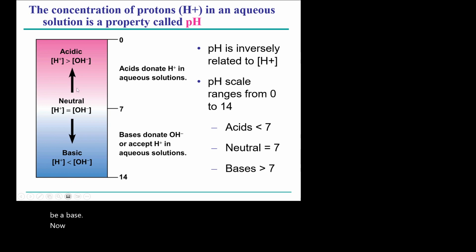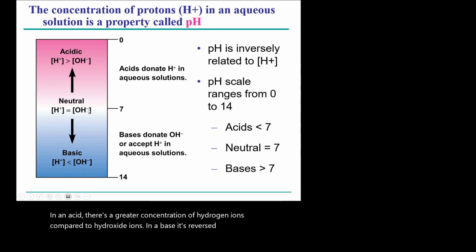Now, whether a substance is an acid or a base, what it really comes down to is the concentration of the hydrogen ions compared to the hydroxide ions. In an acid, there's a greater concentration of hydrogen ions compared to hydroxide ions. In a base, it's reversed. And in a neutral substance with pH 7, they're equal.